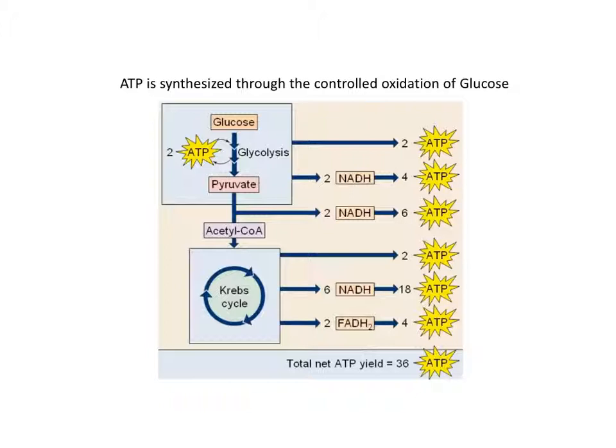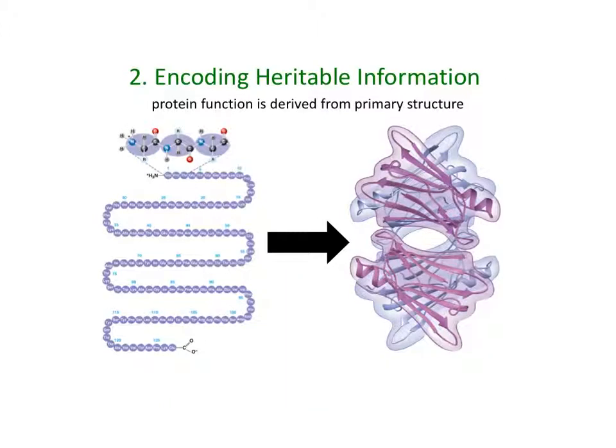ATPs are generated through the breakdown of glucose. And so as glucose gets oxidized, here you can see this is a whole cellular respiration process. So one glucose molecule yields approximately 36 ATP, depending on the cell that's doing it. This is something you will learn more about if you take biochemistry or introductory biology.